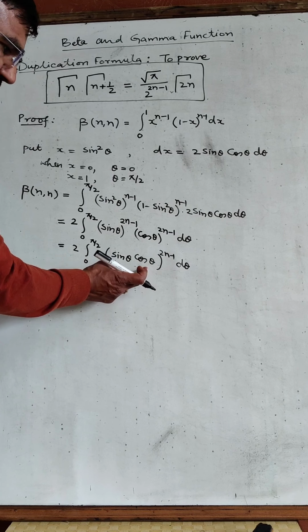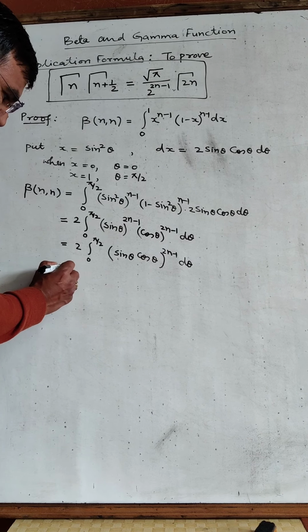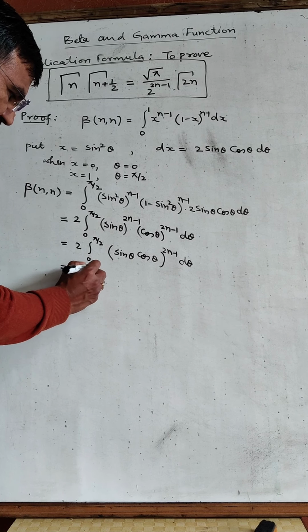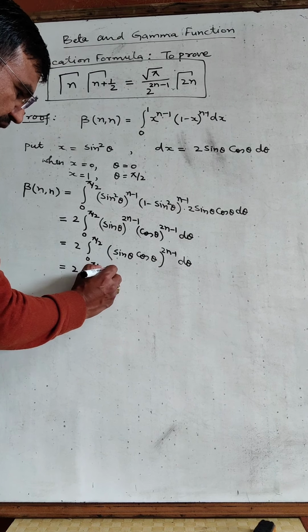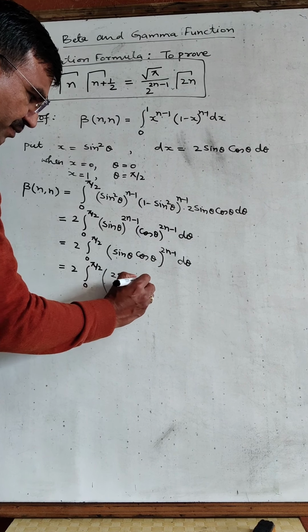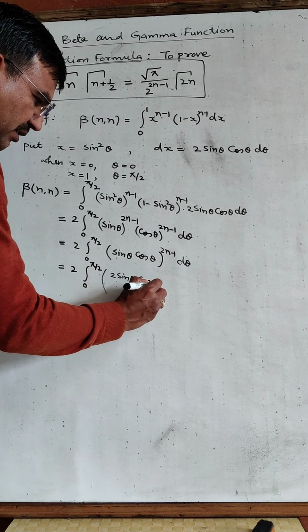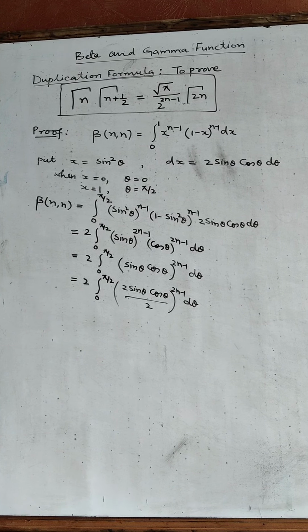Again, if we convert it into a single function of sine of theta, we will multiply and divide by 2. It will become the integral from 0 to pi by 2 of sine theta cos theta divided by 2 raised to the power 2n minus 1 d theta.